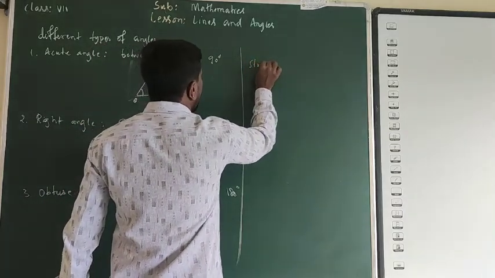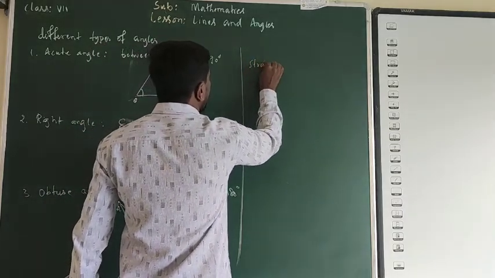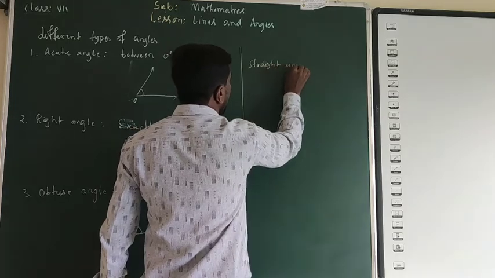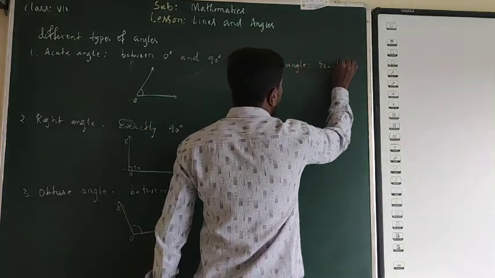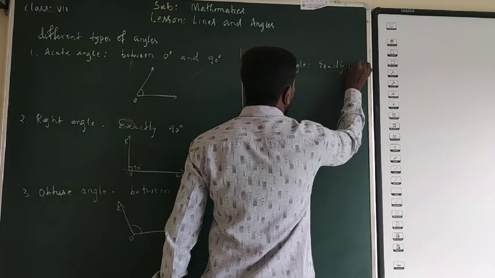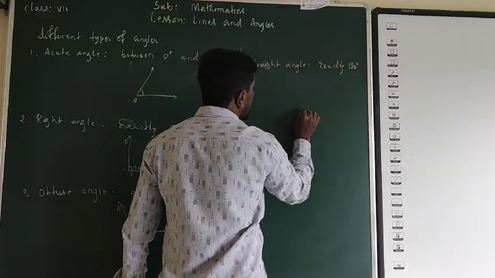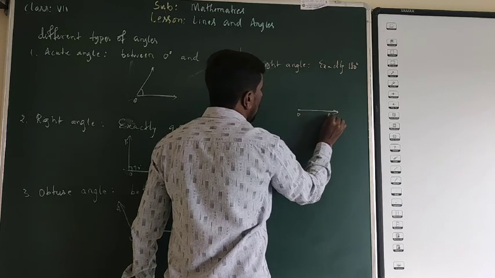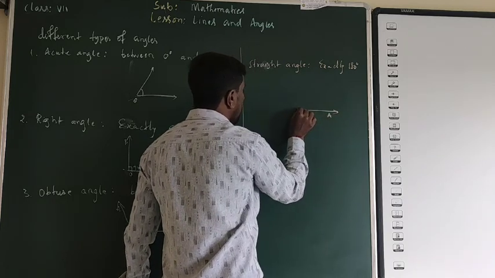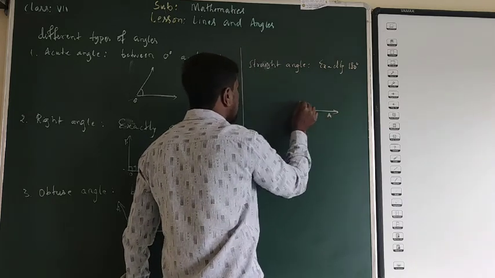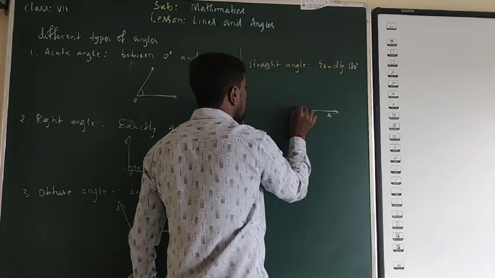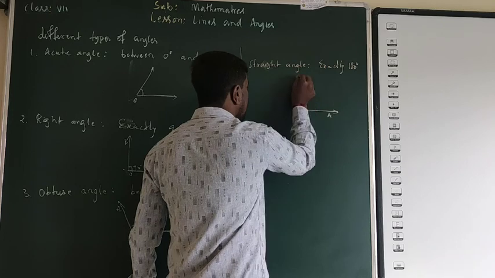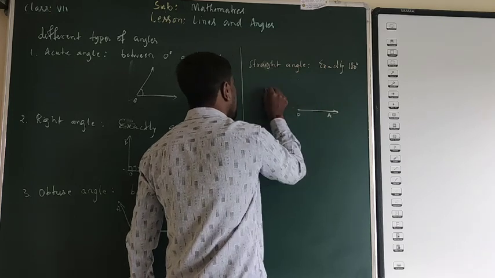Okay. The fourth one is the straight angle, exactly 180 degrees. This is one ray OA, so the other ray will not be like this. If it is like this, then it is an acute angle. If it is straight up, then a right angle. If it is like this, then an obtuse angle.